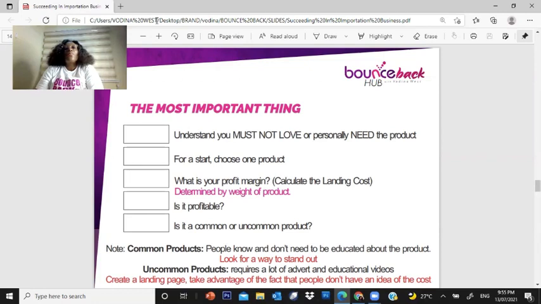And secondly, start with one product. Please, if you're just starting, if you are new to importation, import one product. The reason why people buy so many products is because they want to test the market. Okay, I'm going to buy 20 slippers, 5 shorts, 15 t-shirts, because you want to see which one will sell.